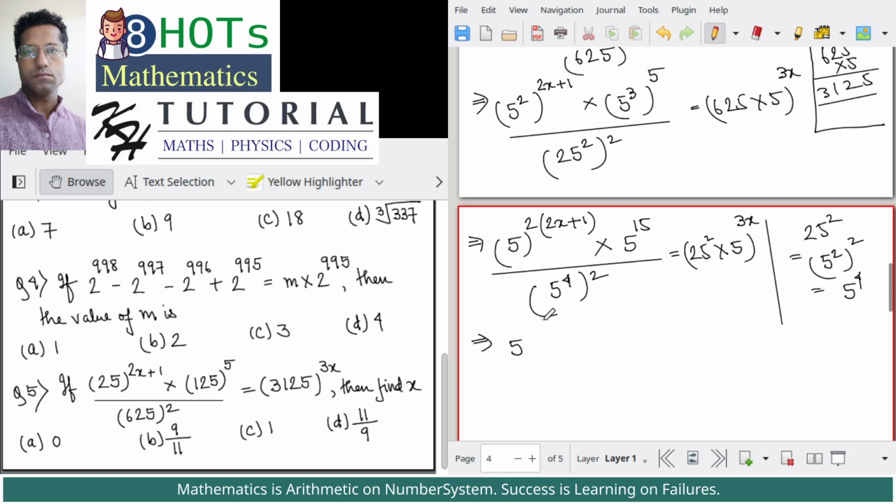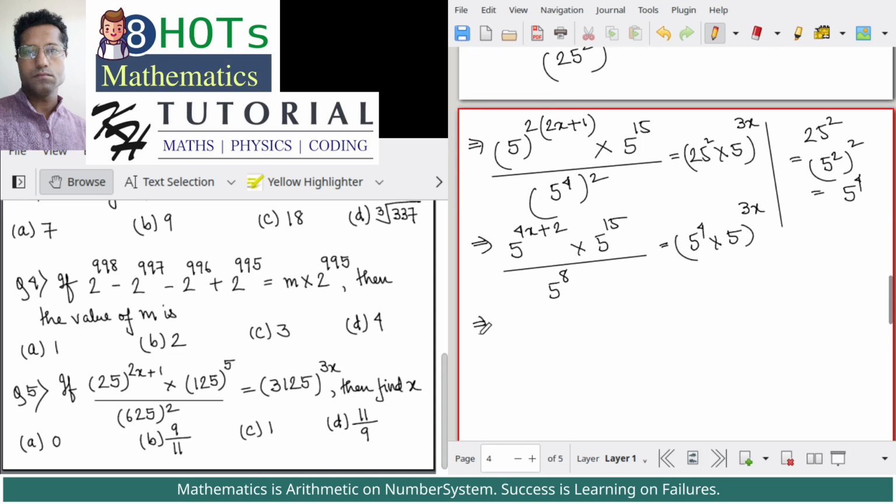If you multiply the 2 into 2x plus 1, it will be 4x plus 2, multiplied by 5 to the power 15, divided by 5 to the power 4 whole raised to the power 2, which is 5 to the power 8. This is equal to 25 square, which is 5 to the power 4, multiplied by 5, whole raised to the power 3x.